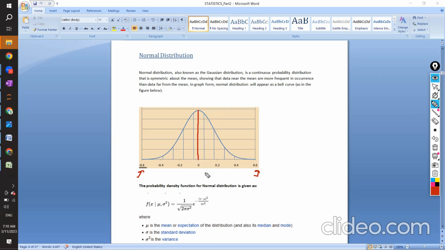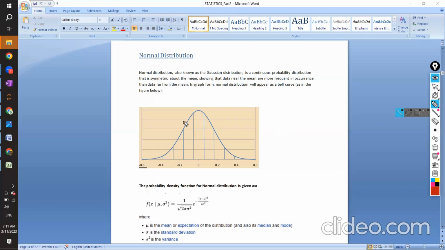That means 50% of the values will be this side and 50% of the values will be this side. Okay, and at the mean you will have the maximum frequency. That means at the average value the frequency will be high. Okay, so now if you consider, yeah, I'll show you a few examples. Just wait.